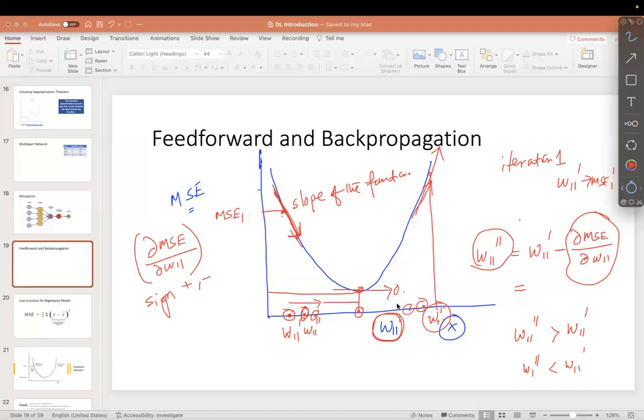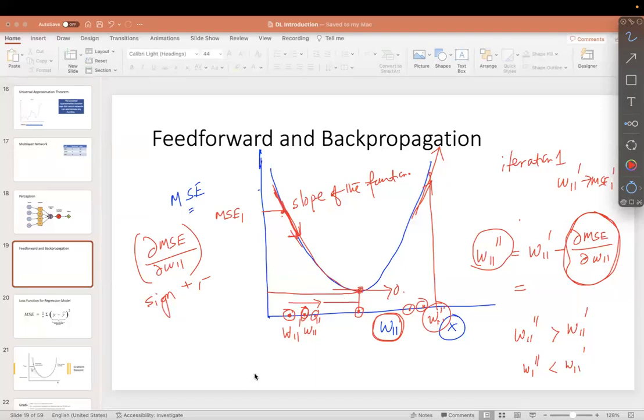So through this technique, called gradient descent, whatever value you initially randomly take, you subtract the value of the slope from it, and you keep doing that, so automatically it will slowly come to the optimal value.